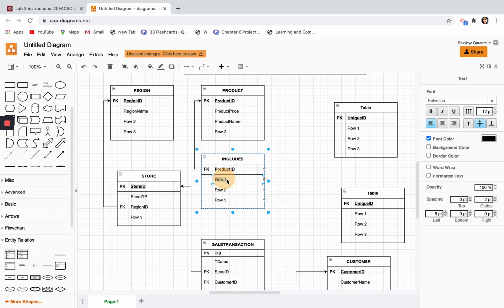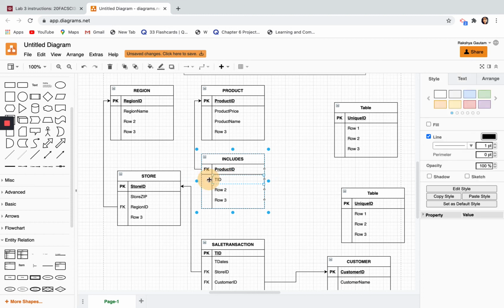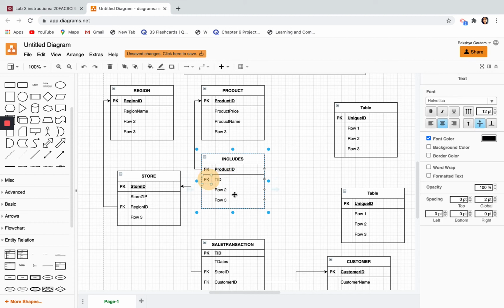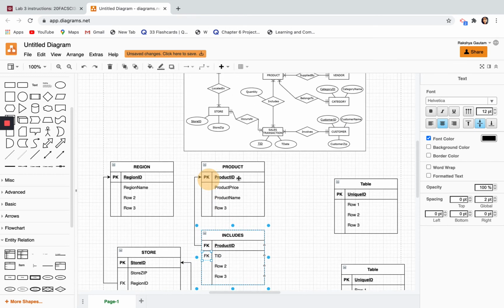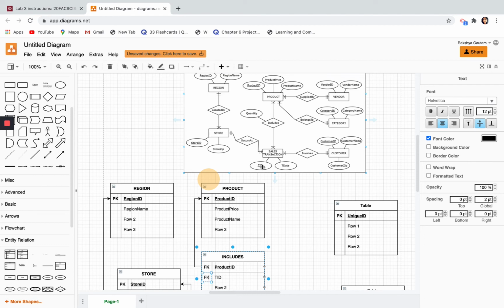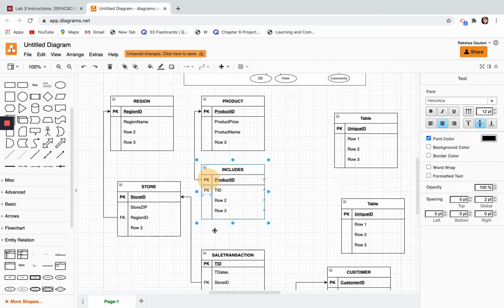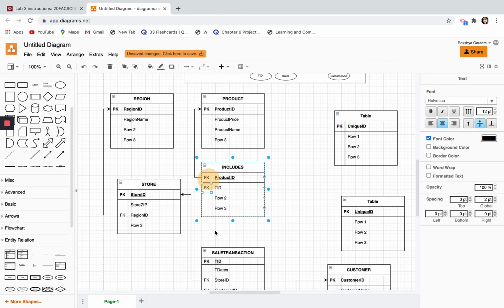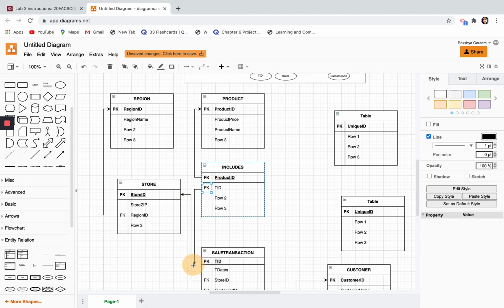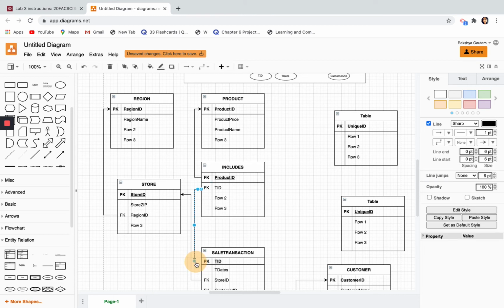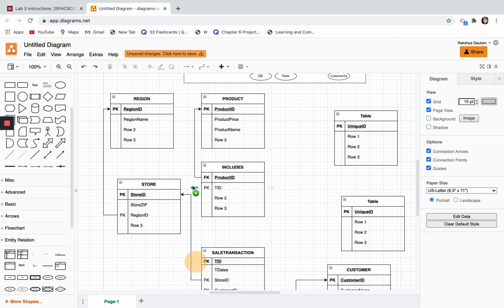And also TID would act as a foreign key, as includes consists of both the product ID and the TID.